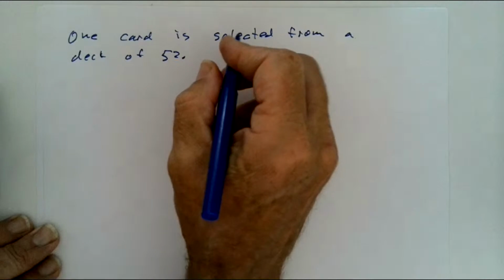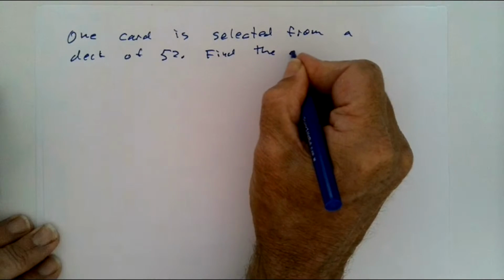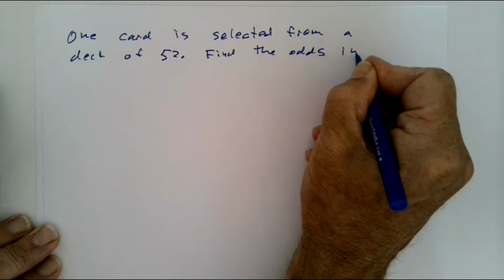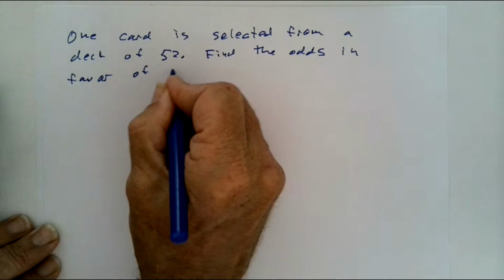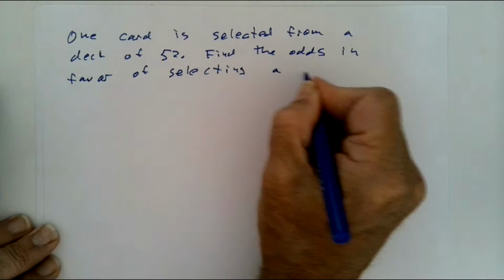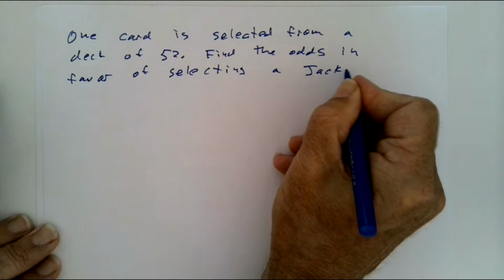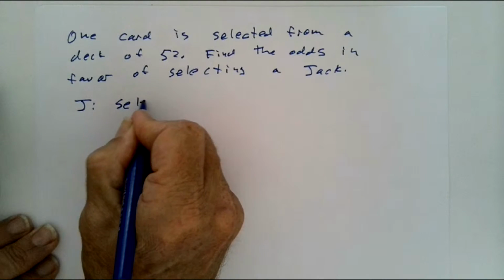Find the odds in favor of selecting a jack. So what do we have here? We need our probability. We need our event. So we'll call J the event selecting a jack.